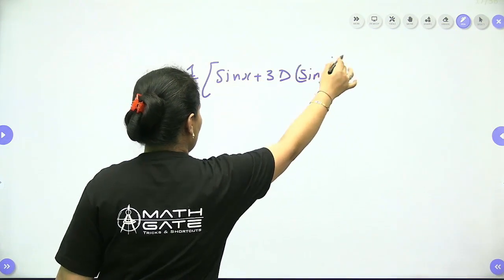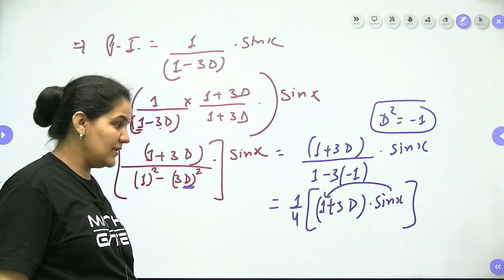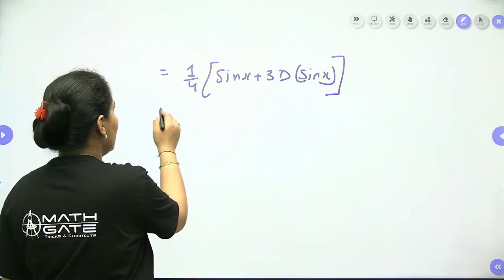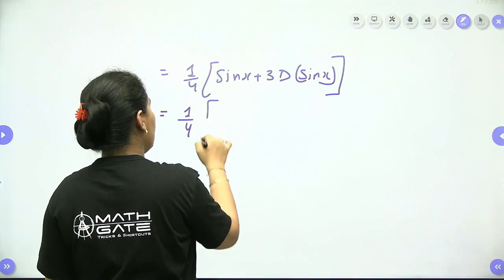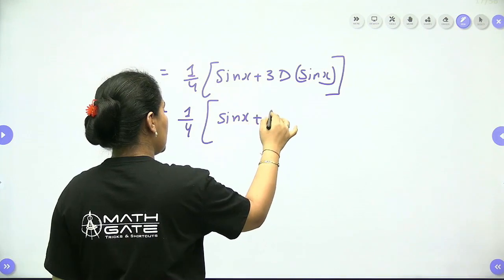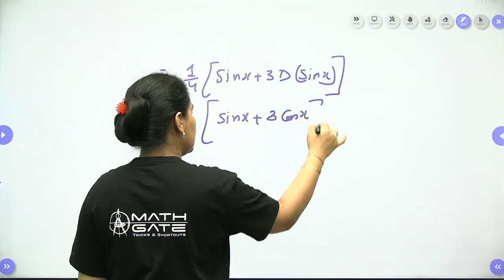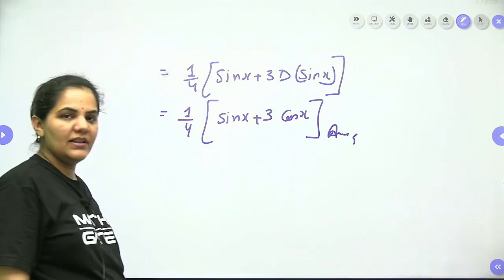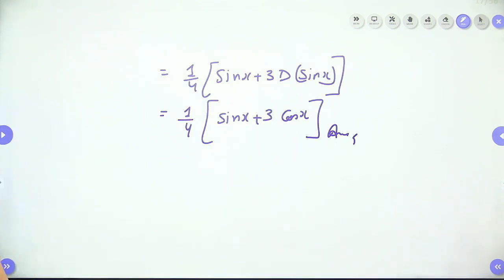D of sin x means we have to find the derivative of sin x. So it will be 1 by 4 sin x plus the derivative of sin x, which is cos x. Hence this will be the final answer. Dear students, is it clear to everyone? Are you getting my point?